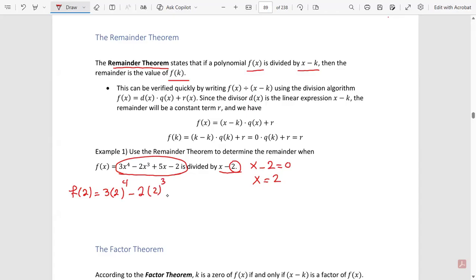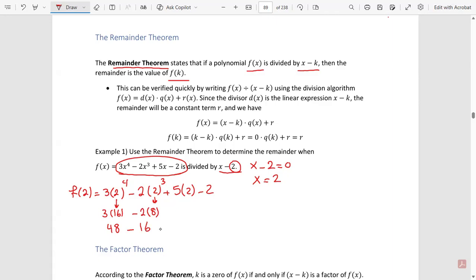let's see what we get. And you know that we always follow PEMDAS, so we have to find the exponent first, 2 to the 4th power, which is 16, and then multiply 3 by 16, which gives us 48. Find the exponent first, 2 to the 3rd power, multiply 2 by itself 3 times, which is 8, and then multiply 8 by negative 2, which is negative 16.